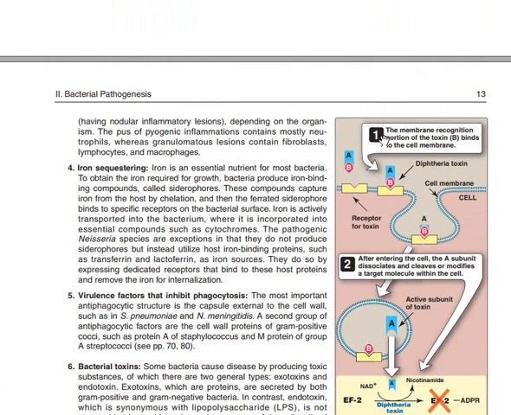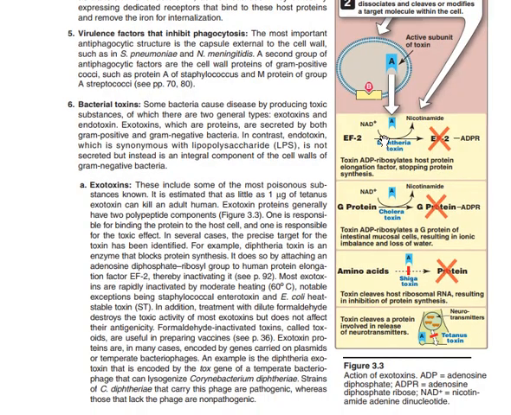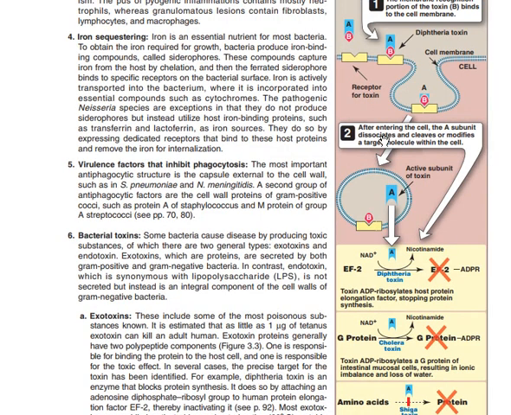Exotoxin means the toxins of the microorganism are secreted out of the bacteria, while endotoxin means they are toxins which are only released when the cell wall of the bacteria is ruptured. That's when the bacteria dies, and the endotoxin is going to be released.